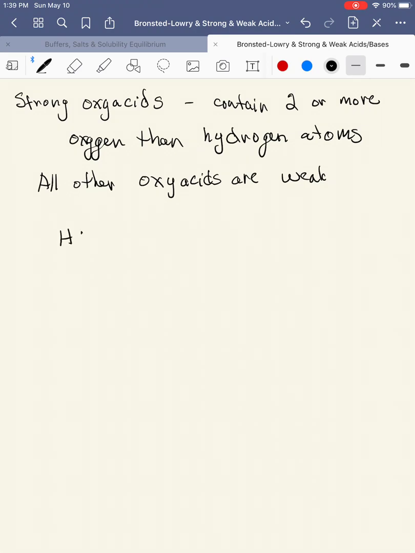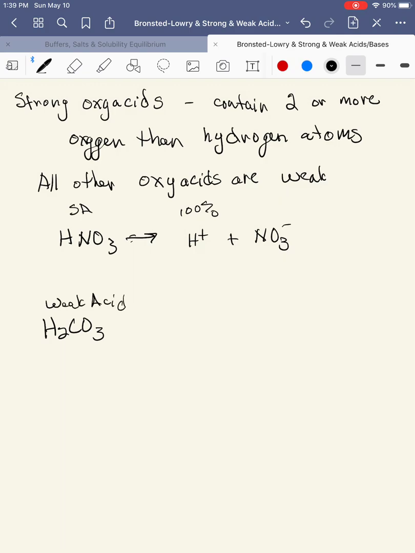So if I have HNO3, a strong acid, when I put it in water, I get 100% of H plus and NO3 minus. Whereas if I have a weak acid like H2CO3, it's in equilibrium, which means I get a little bit of this H plus and HCO3 minus, but I have a lot of this.